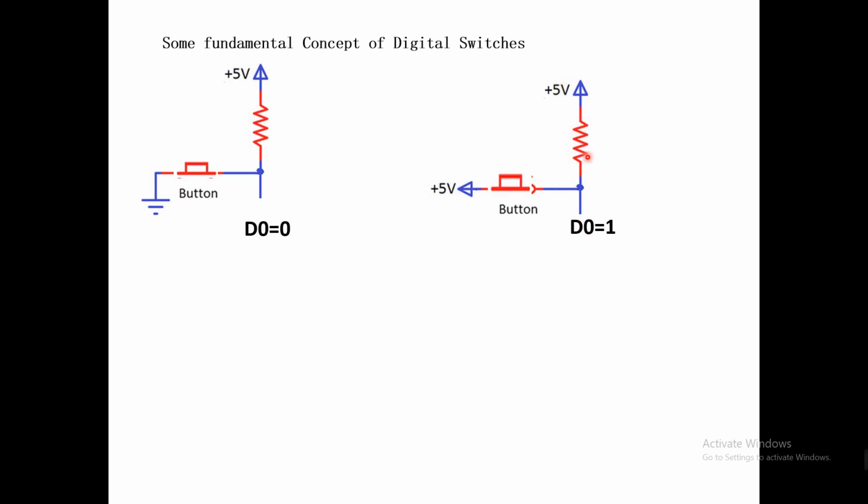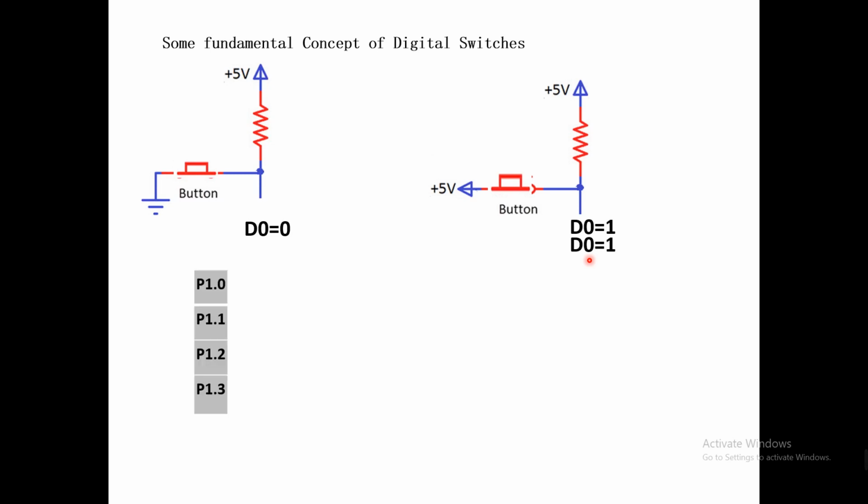The resistor is there, but this is the shortest path, so it is still connected with the plus 5 volt. So here the output voltage will again be 1. The voltage will not be changed. This is the basic understanding that we must know to understand very clearly the keyboard interfacing with the microcontroller.